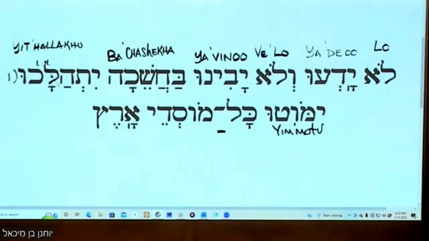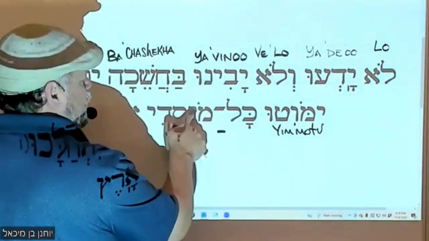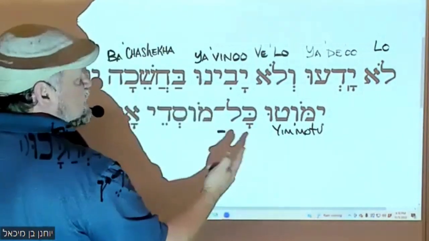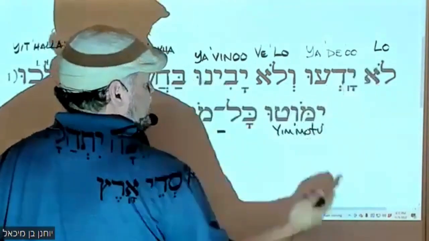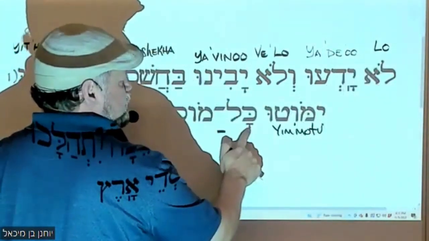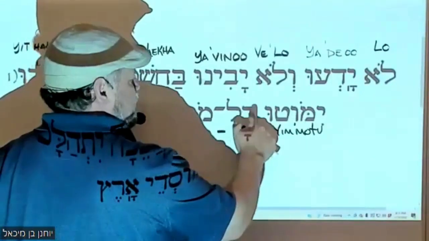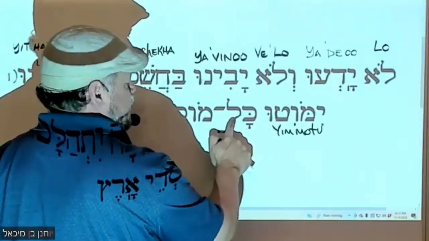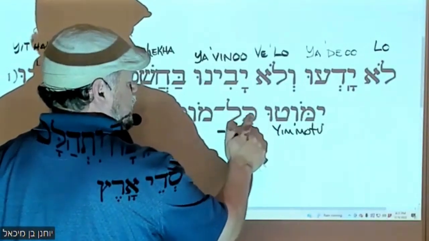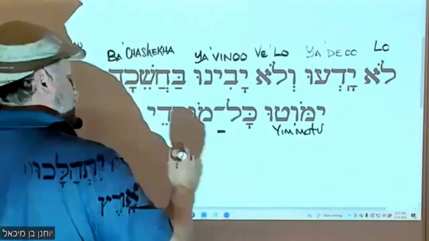So it makes an O sound. When we see the holem, we know that that's a long duration O. But when we see kamatz katuf, we know that that's a short O. So you have this kaf, you have an O sound here, and then you have the L sound from lamed. Kol, kol. So we have yimotu kol.